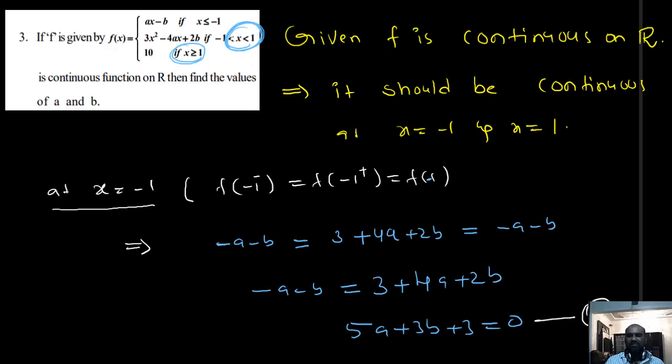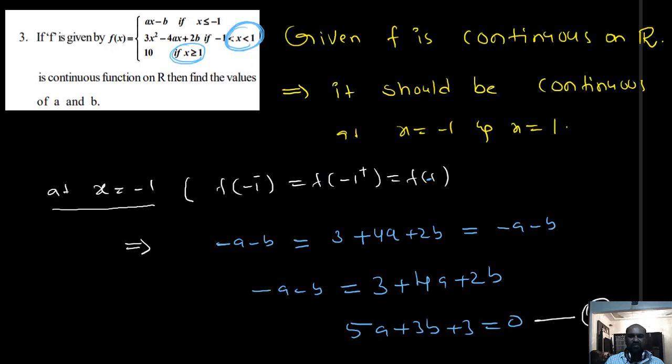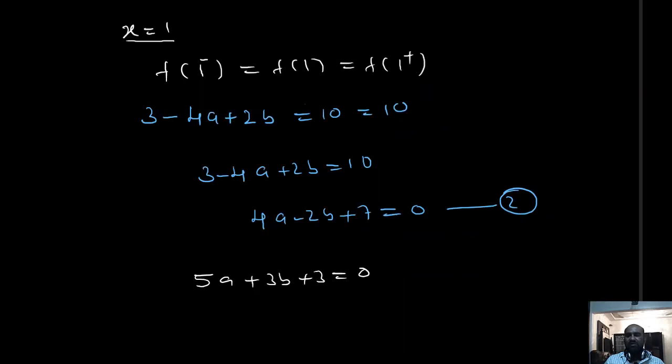What is the first one? 5a + 3b + 3 = 0. And this is 4a - 2b + 7 = 0. You can use cross multiplication method, substitution method or elimination method, any method you can use. I want to use the elimination method. This is multiplied by 2, this is multiplied by 3.